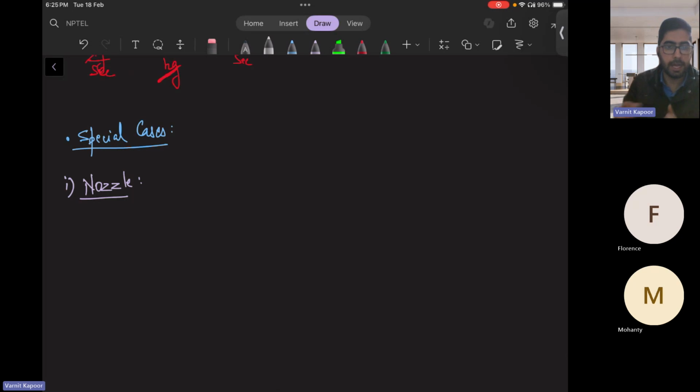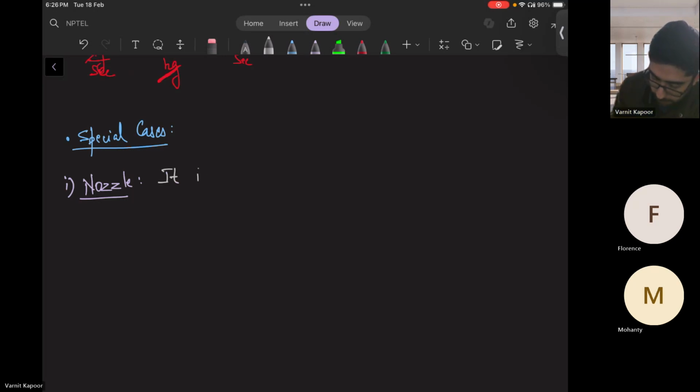A nozzle is nothing but a mechanical device of variable cross section which is used to increase the kinetic energy at the expense of pressure energy. Whatever pressure energy you apply at the inlet, because a nozzle has a varying cross section, either diverging to converging or converging to diverging, it is converted into kinetic energy, which increases the kinetic energy of the system.